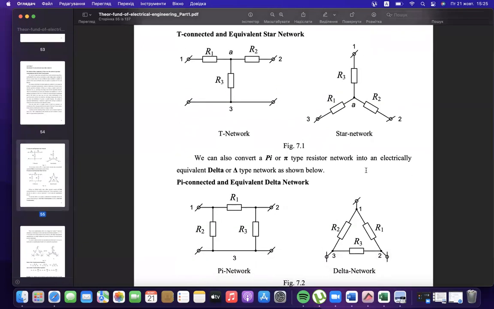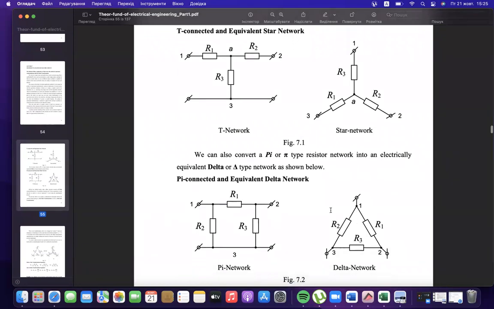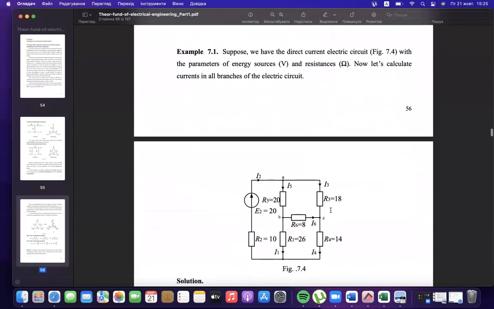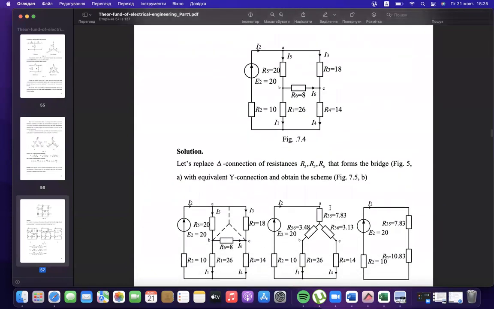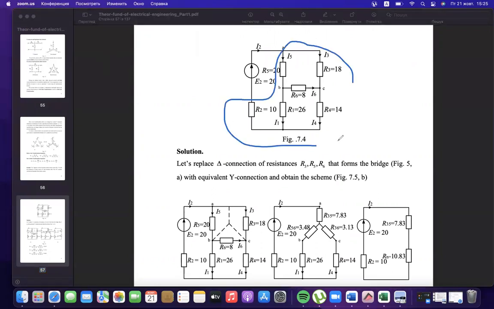Instead of any star, we could connect delta. Instead of any delta, we could connect star. In which situation is it useful? For example, here we have a simple circle, and theoretically we could find total resistivity near the source, because there is only one source.